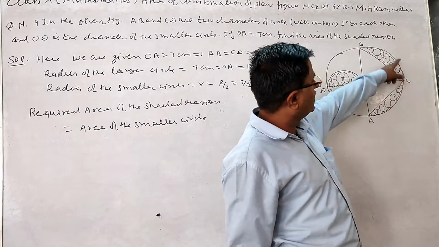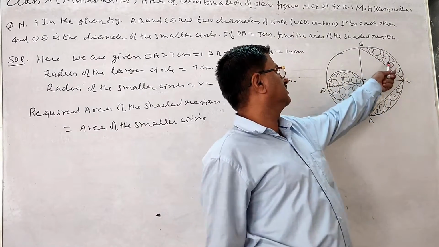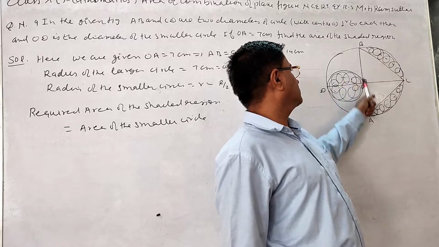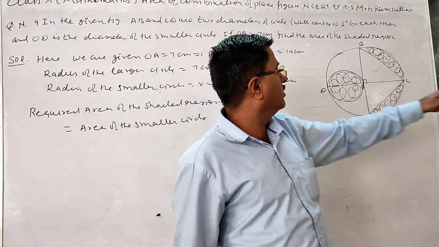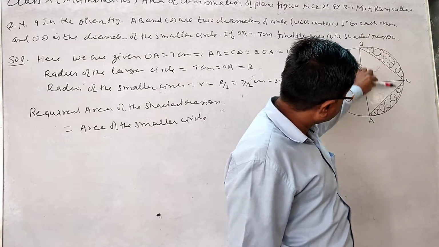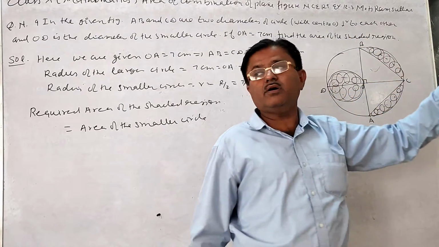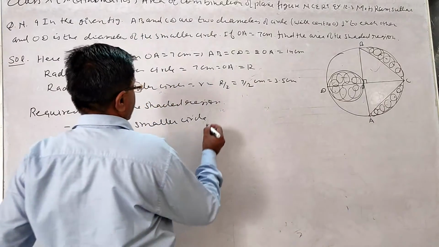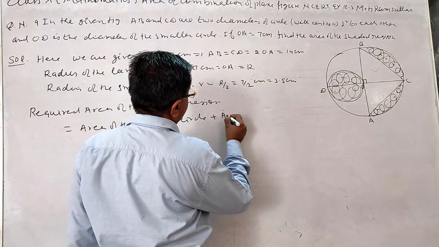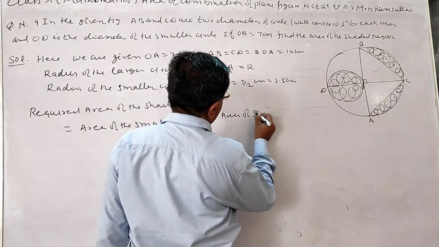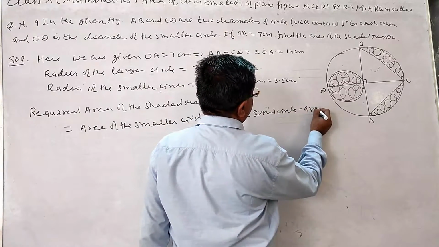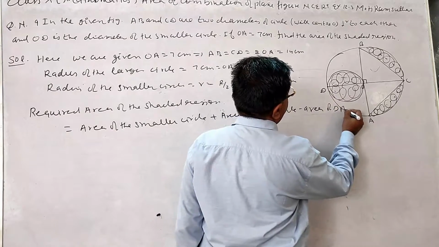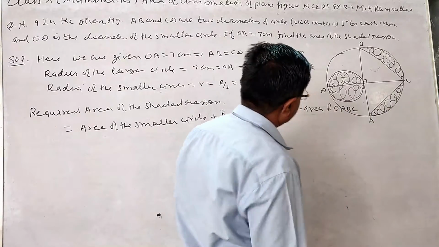Now we also find the shaded region this. So what is this? This is the semicircle minus the area of the triangle. Area of the bigger semicircle minus the area of the triangle. So we can write plus area of semicircle minus area of triangle ABC.